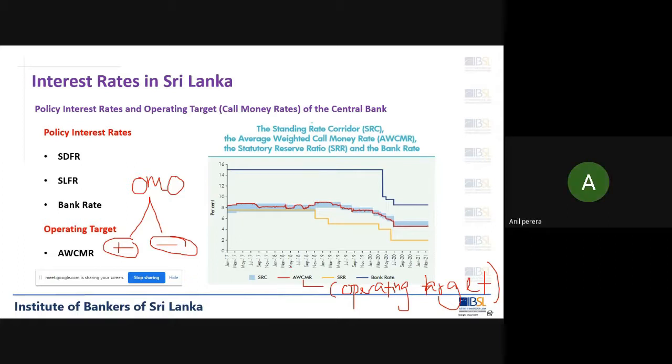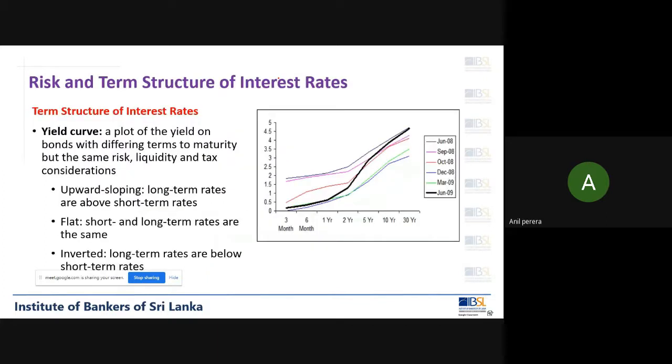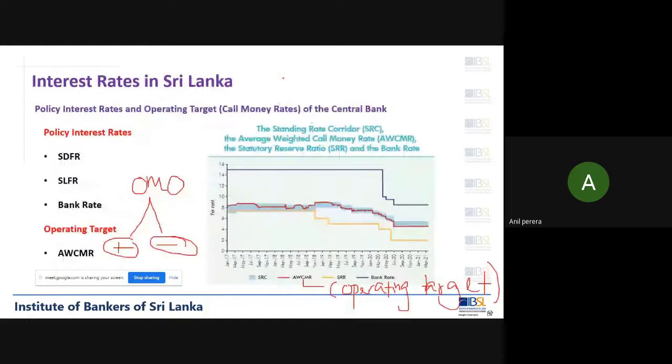The bank rate is actually a kind of penal rate, isn't it? Banks very rarely come to this level because this indicates the bank is in a really distressed position, isn't it? The rate is really high. Banks are discouraged from coming to this rate because if they do, that indicates the bank is having a problem.